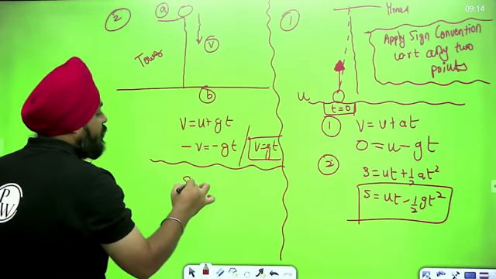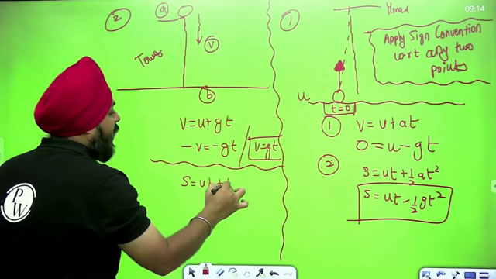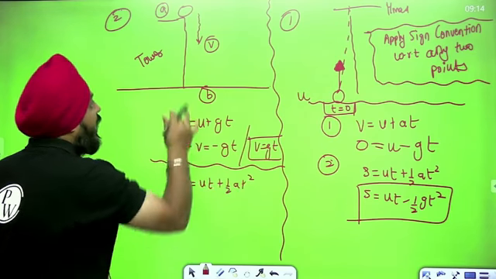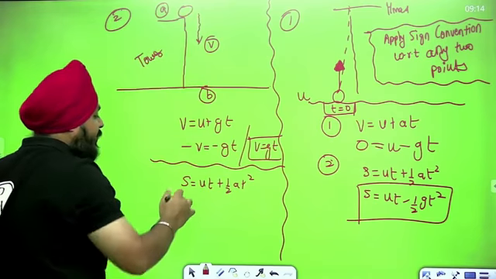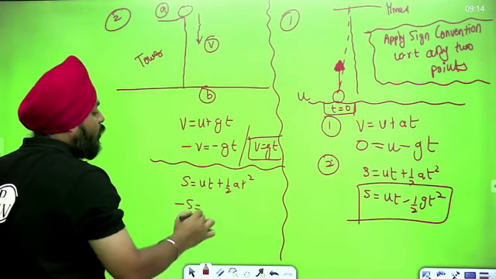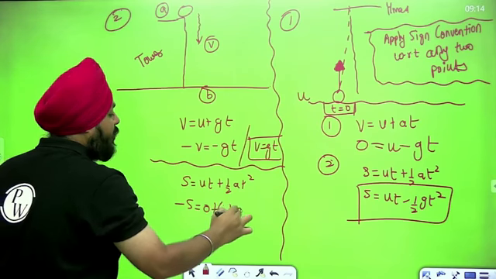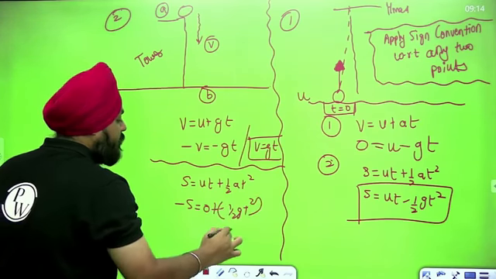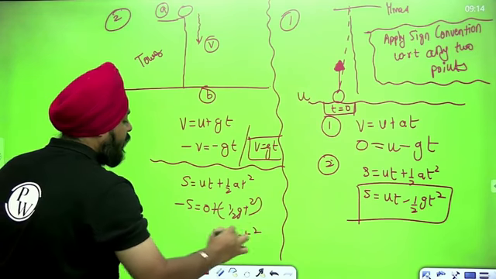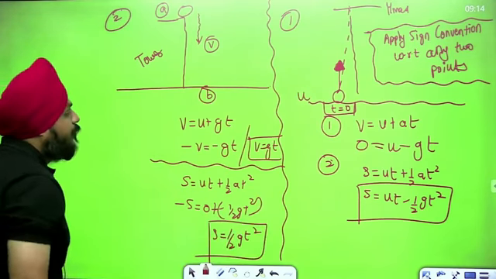The second equation is s is equal to ut plus half at square. s is negative because it is directed downward. u is 0, plus negative half gt square. So s is equal to half gt square in magnitude. This will be the second equation of motion.